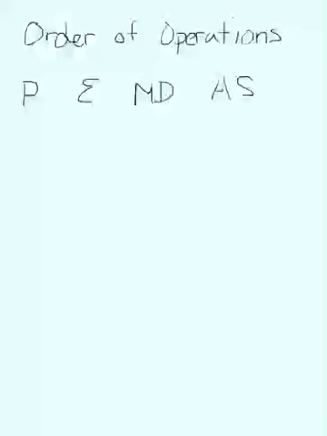Okay? Here's what they mean. P means parentheses. E means exponent.